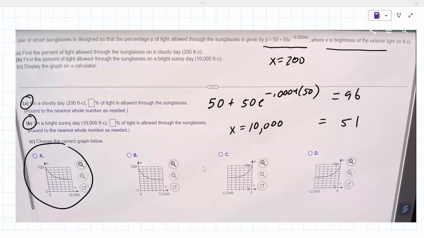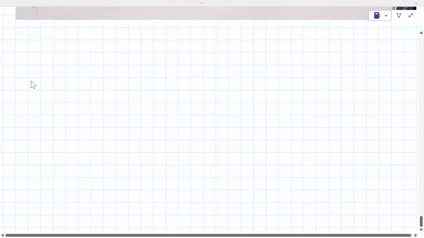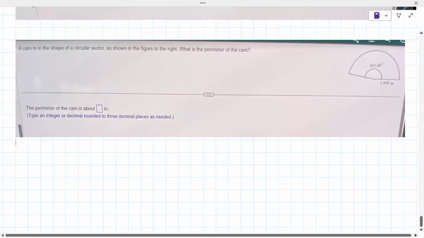The cam is in the shape of a circular sector. Okay. The perimeter of the cam is about. Okay.